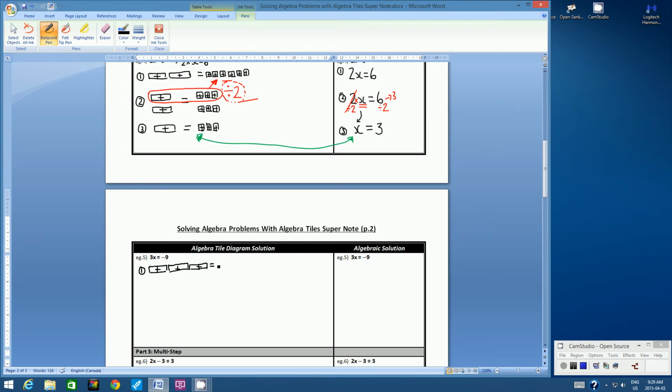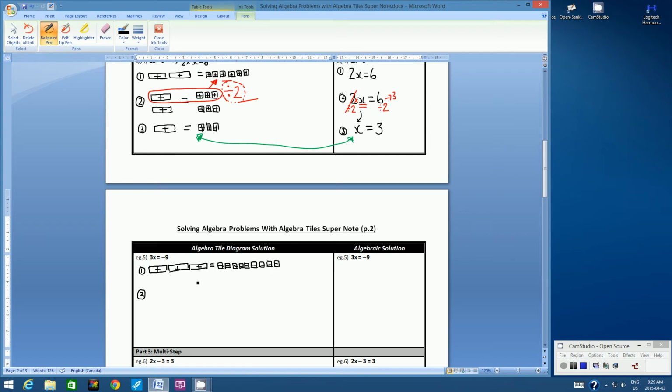Equals -9. We have 1, 2, 3. All right, so there's diagram 1. We simply draw the question.